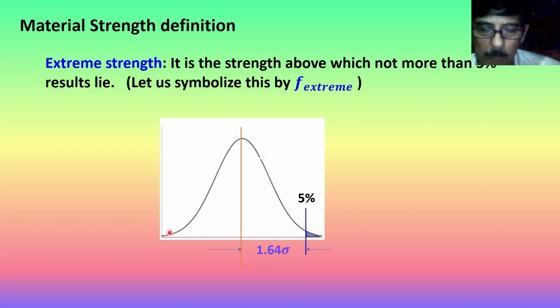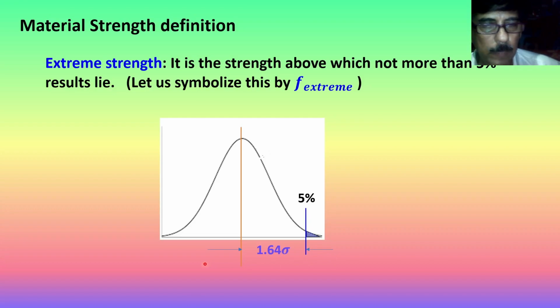So we reach the 95% probability of exceedance level, and only 5% of the area lies on the right hand side. So the strength that corresponds to this blue line is the extreme strength, where only 5% of the results are higher than this. So it is a very high value of the strength, beyond which only 5% of results fall.